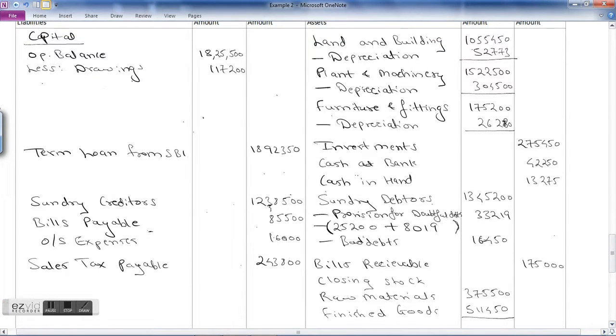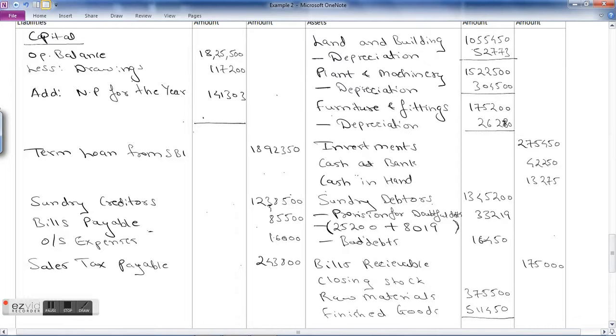Capital, so add net profit for the year 1,41,303. Now first let's do all the internal calculations and take out the totals in the outside column.